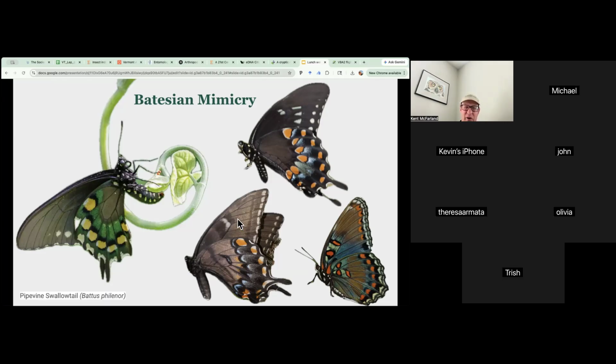You can start to see, oh, it is a tiger swallowtail, but it's a black female. And it's mimicking this right here, the pipevine swallowtail, which we do have a few records for in Vermont, but they're just accidental records here. They breed much further south of here on pipevine plants, which are poisonous. And so their eggs have poison in them.